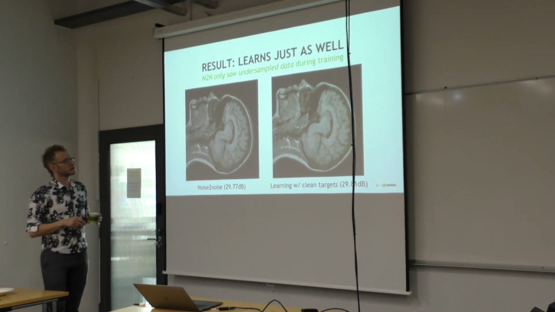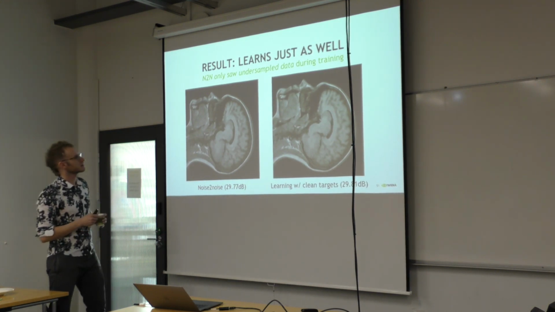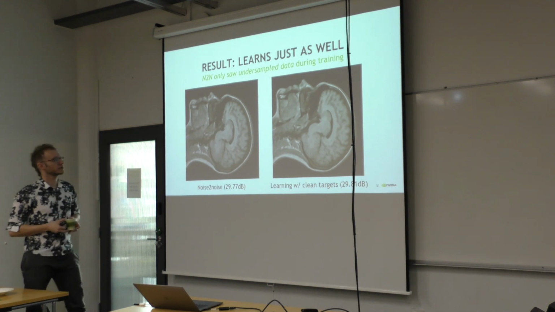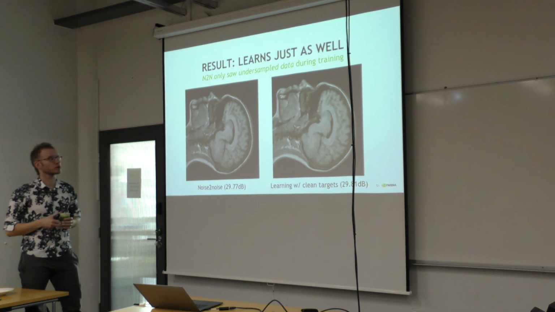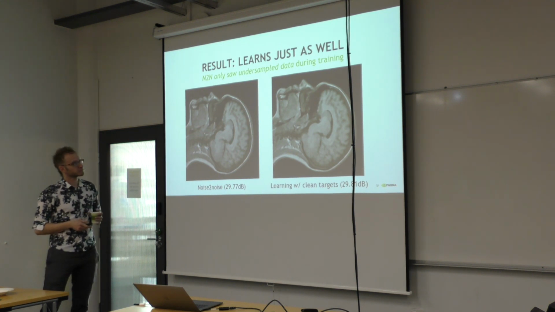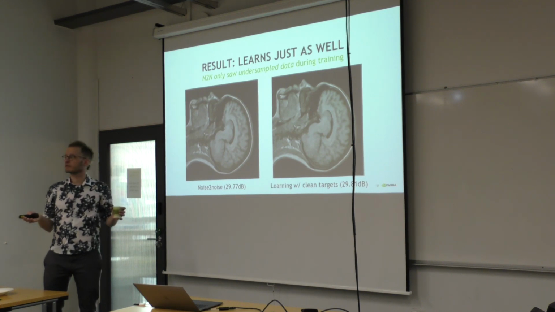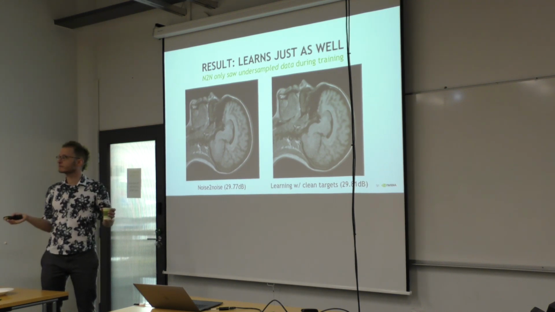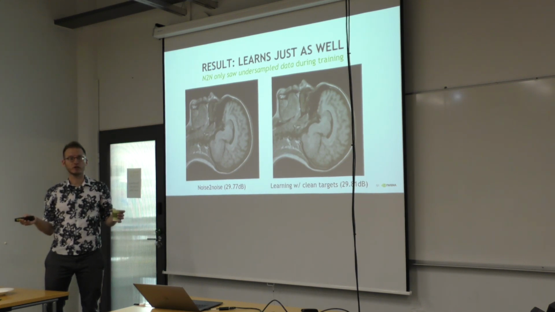Exactly as well. Those some points of a decibel are random fluctuation, and we actually now get numerically better results with a new network model. The point being that in this sort of application, there's no gain from having clean data available to you in learning.